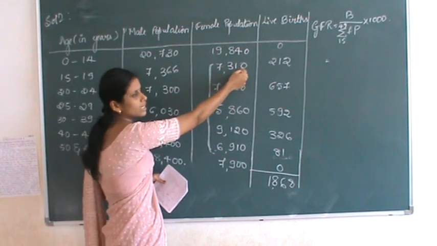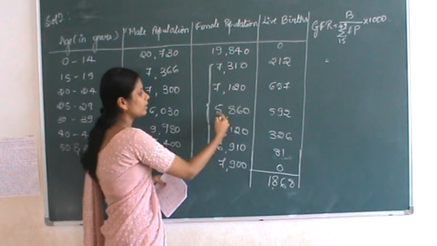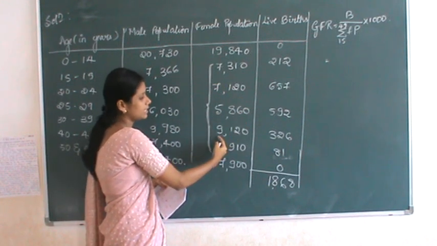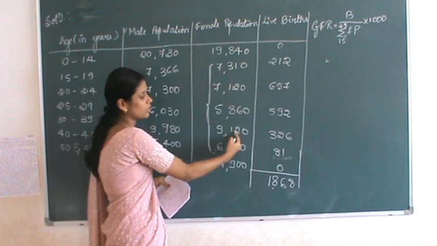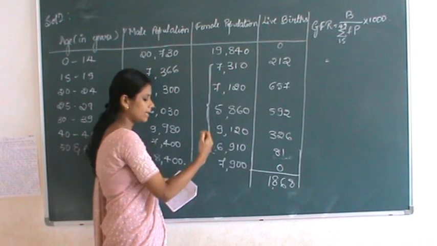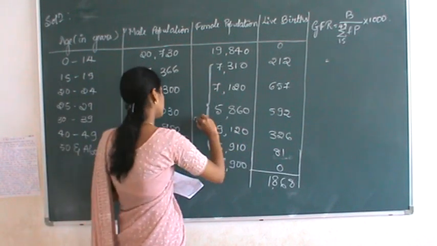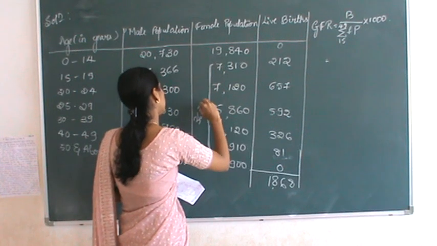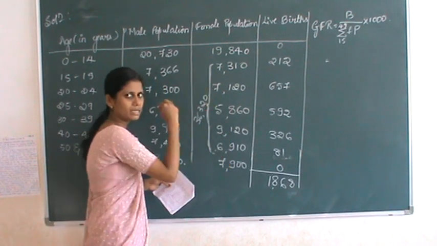That is 7,310 plus 7,120 plus 5,860, 9,120 plus 6,910. The total comes to 36,320.